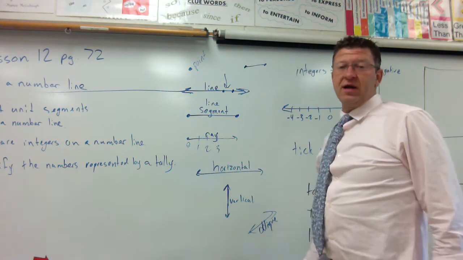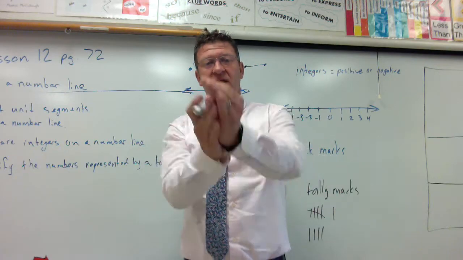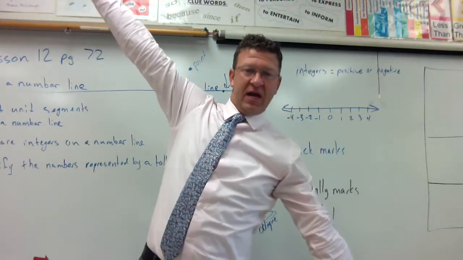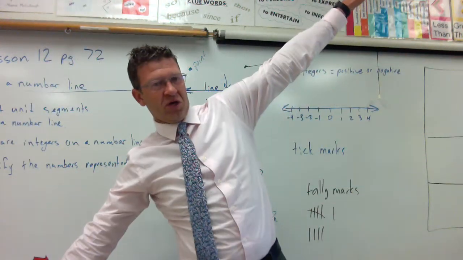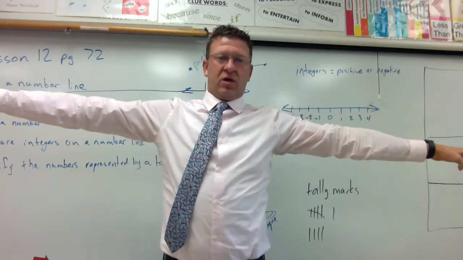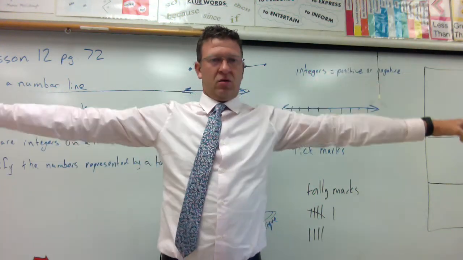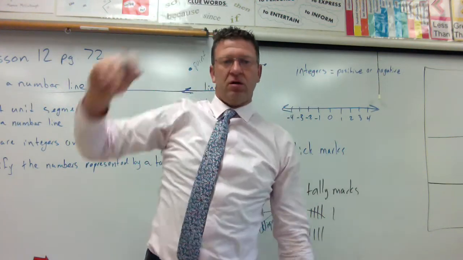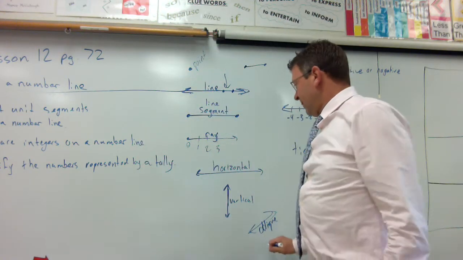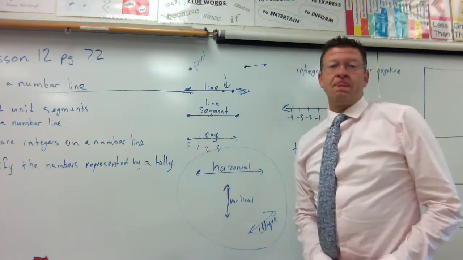And the last one, any line that is not horizontal and not vertical is oblique. So anything at an angle is oblique. Horizontal, vertical, oblique. So those are different types of lines, line segments, or rays.